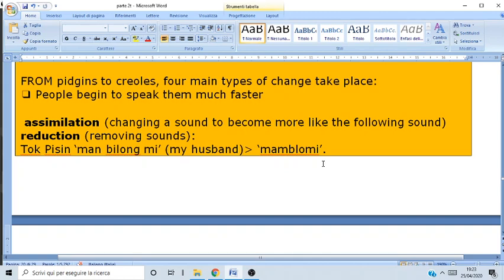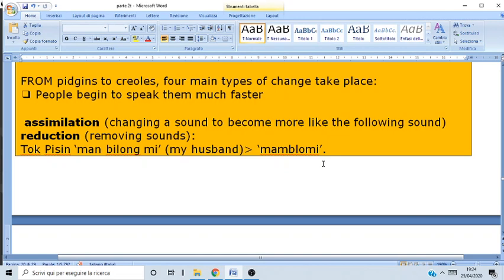So the original Tok Pisin, the first people who spoke Tok Pisin the very first time, said something like, "Man belong me." Based on the rules that we studied yesterday, this means my husband.